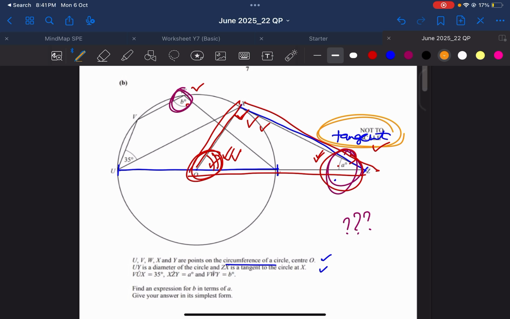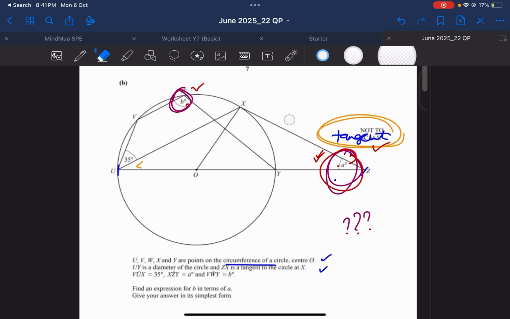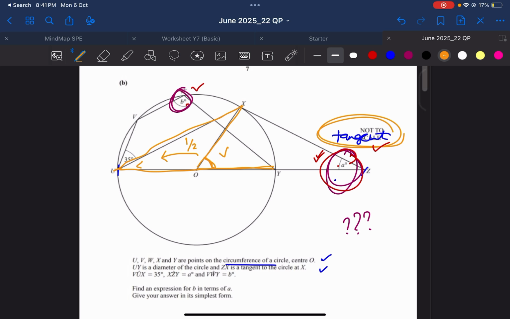Well, I know this and this are related. Why? If we only focus on those two, it forms the center and the circumference, so it is twice or half. So if we have found this, to go to the circumference it is half. So this means I can know this in terms of A.